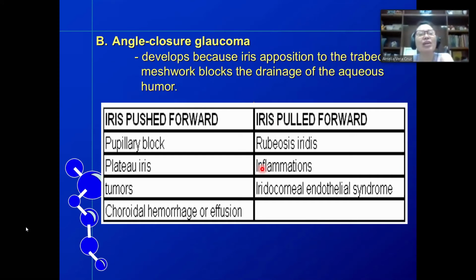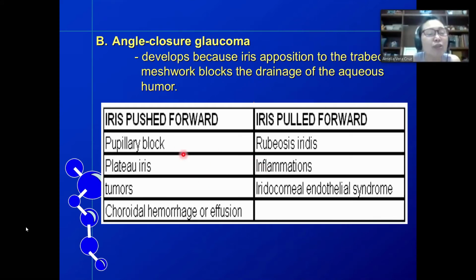Okay, dito na tayo sa angle closure. This develops because iris apposition to the trabecular meshwork blocks the drainage of the aqueous humor. Yun ang sinasabi ko na kanina. Okay, dito muna tayo. Isa-isahin muna natin dito. Okay, the iris is pushed forward in pupillary block.